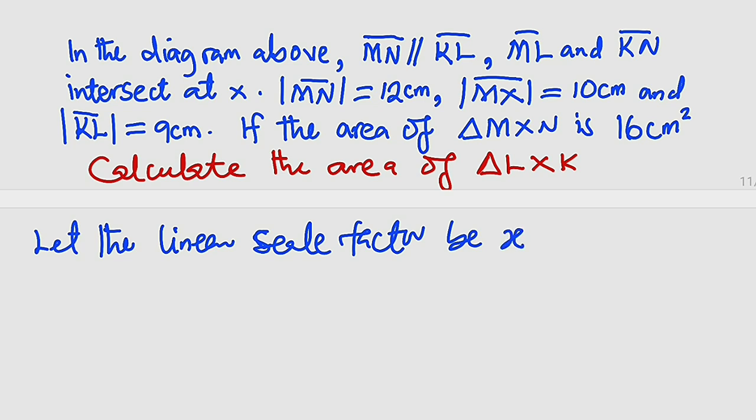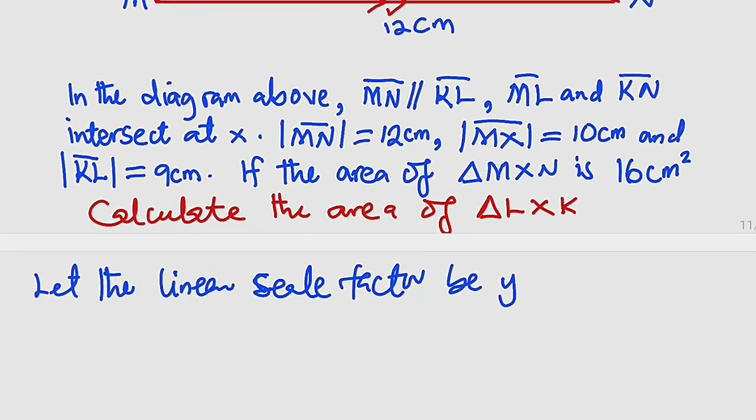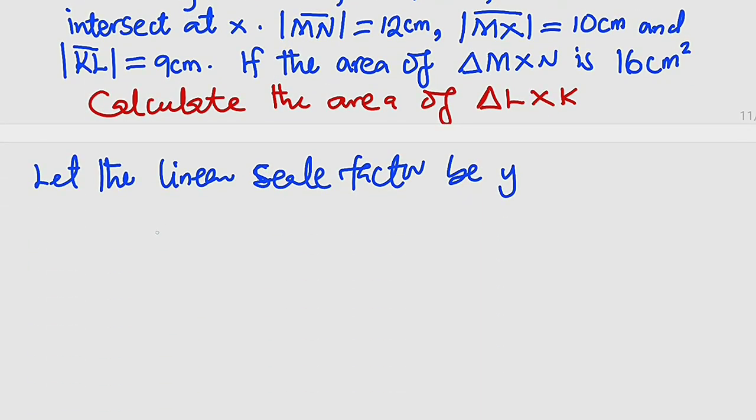Let's call it Y. So if we take 9 and multiply by this Y, it will give us 12. That is linear scale factor. Therefore, if we divide both sides by 9, it will be 12 divided by 9. So this is our linear scale factor.